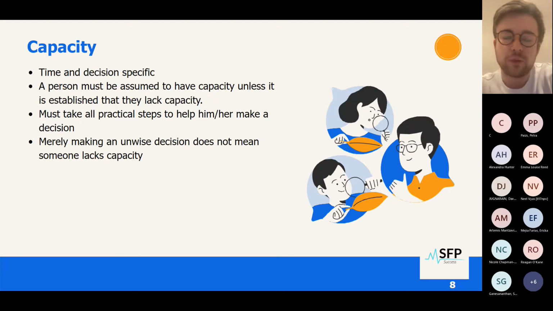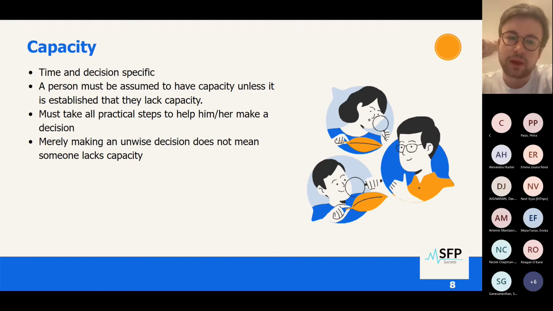So you may lack capacity at one moment and then suddenly regain it another, and so you have to constantly reassess it. It's also decision specific. They may not have capacity to make a decision about whether they need CPR or whether they can be discharged home, but they could have capacity over whether they want to decline personal care or specific treatments.